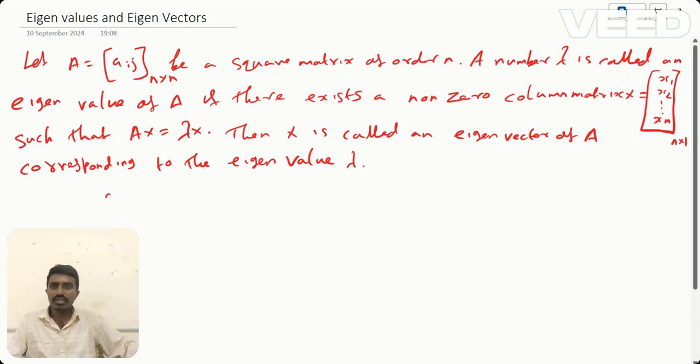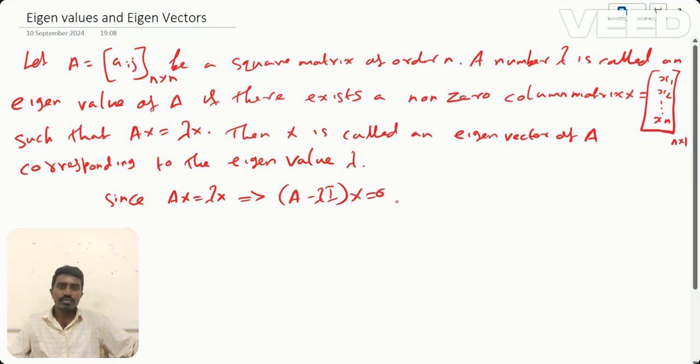Since Ax equal to lambda x, this means (A minus lambda I) x equal to 0. And we know that x is not equal to 0. That means at least one of these xi is not equal to 0.